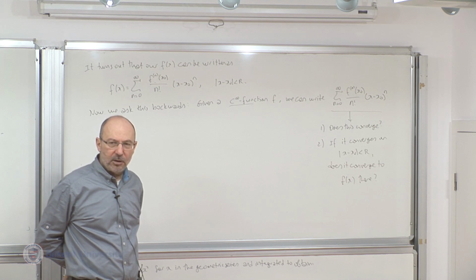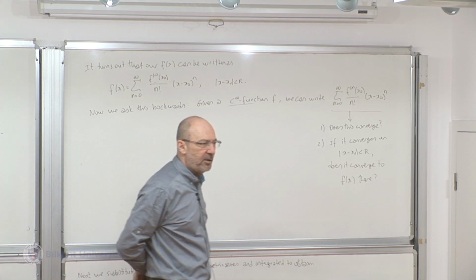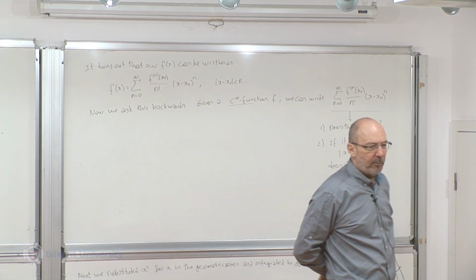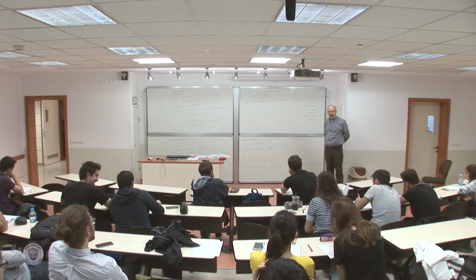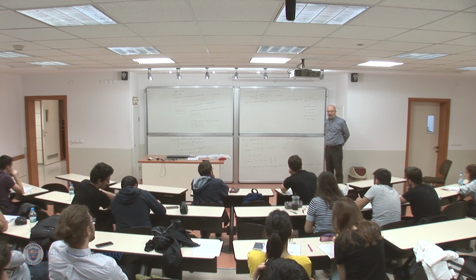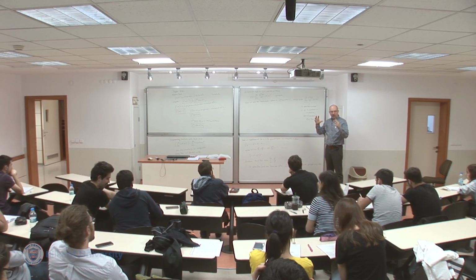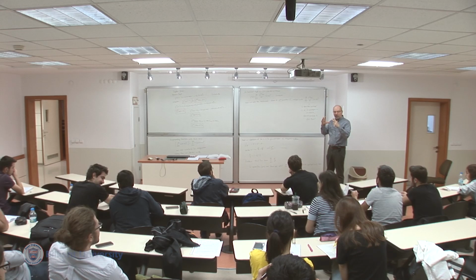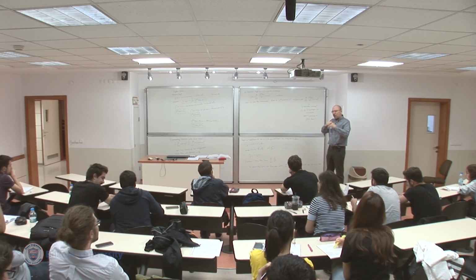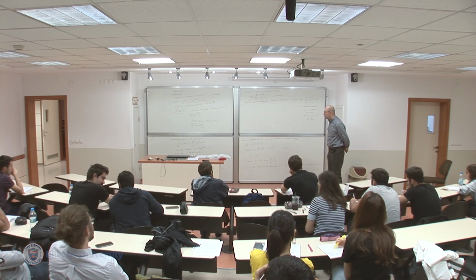The reason for this discrepancy is that all of these things actually take place in the complex plane. In the complex plane, 1 over 1 plus x squared is not defined at plus or minus i. So convergence is a circle that grows until it touches the first singularity. The first singularity is at i, so the radius of that circle is 1. When you restrict everything to the real line, you only see from minus 1 to plus 1.